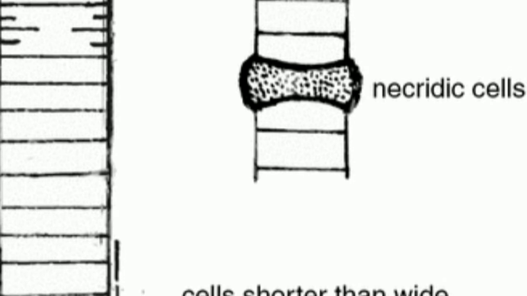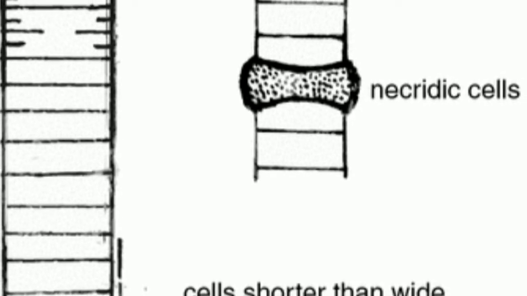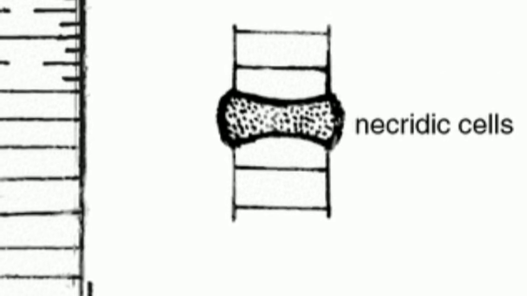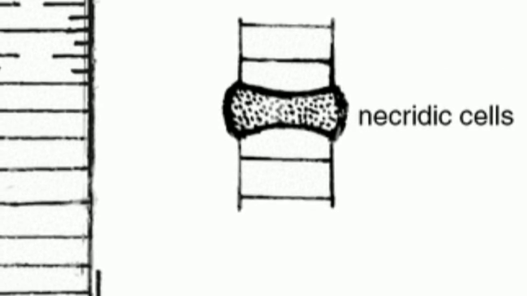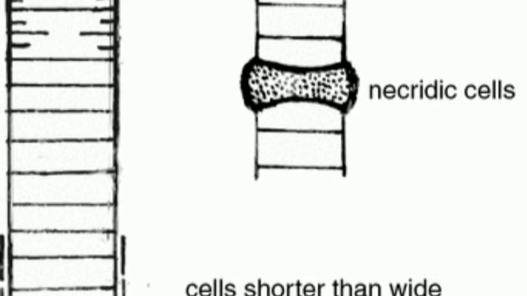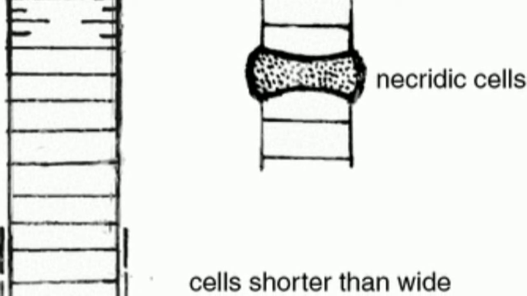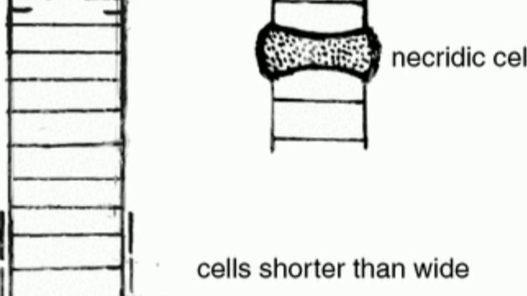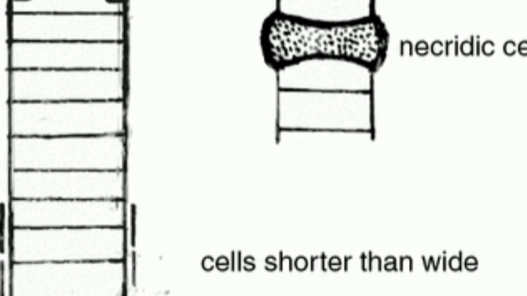Now we are talking about reproduction. Oscillatoria reproduces vegetatively by some methods. First method is by hormogonia. Necridia cells are filled with mucilage and dead in this type of method. So their specialty is necridia cells.